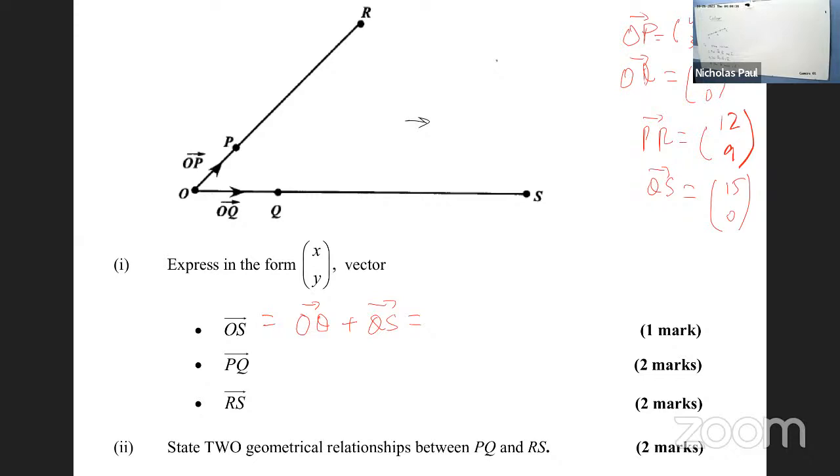Right, OQ is what? OQ is 5,0, QS is 15,0. So the answer is 20,0.